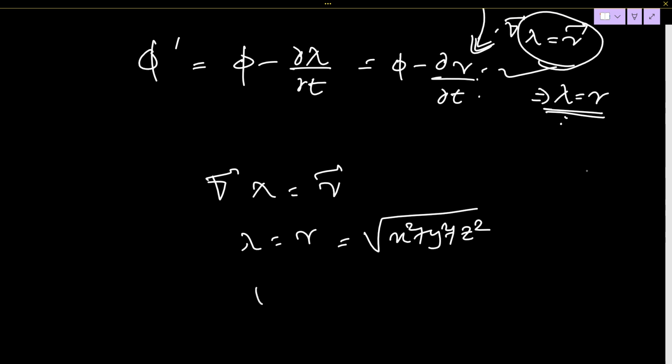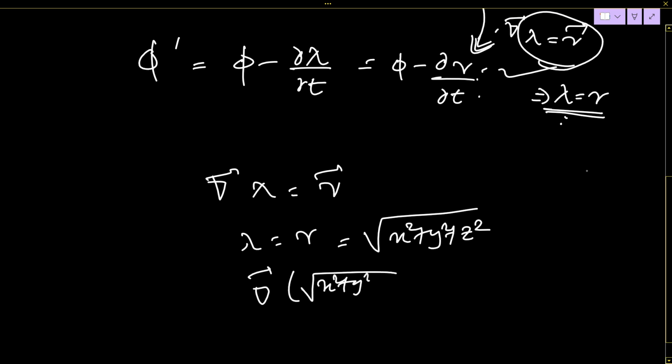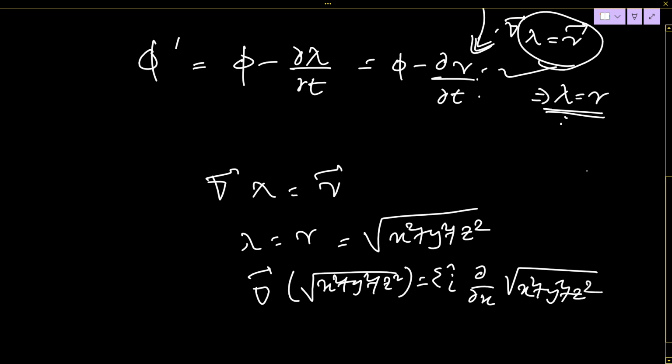Take the del of x square plus y square plus z square. If you do that, for example, do only for i cap. Take the summation del by del x of root over of x square plus y square plus z square. So we get what?